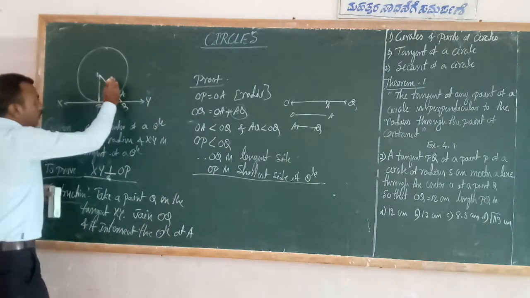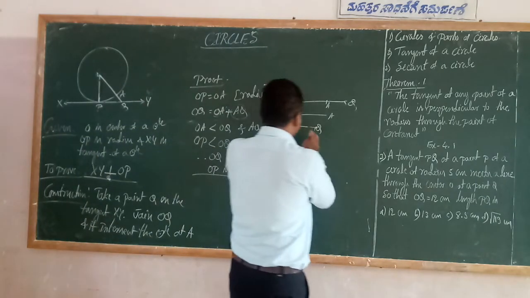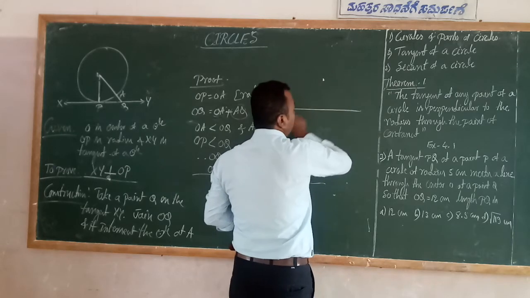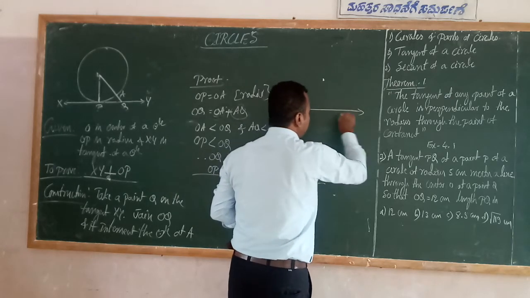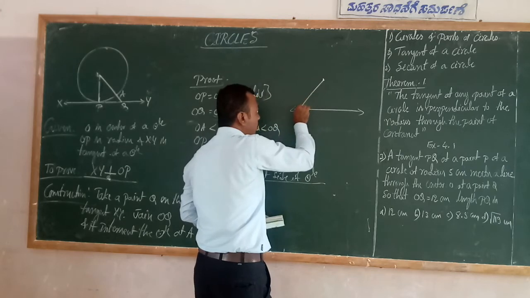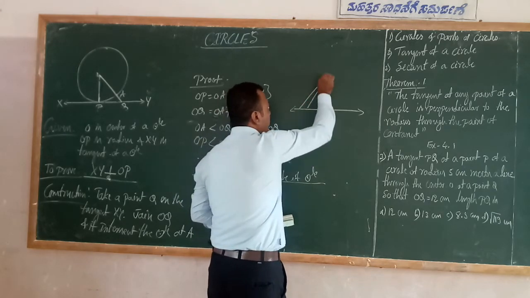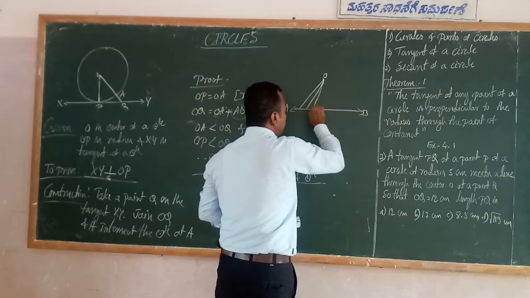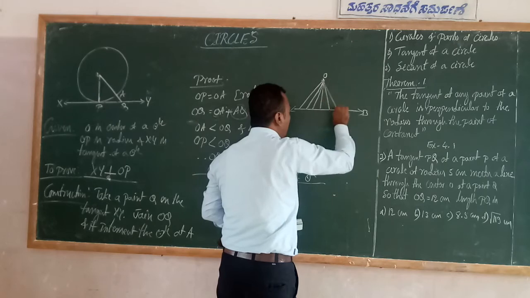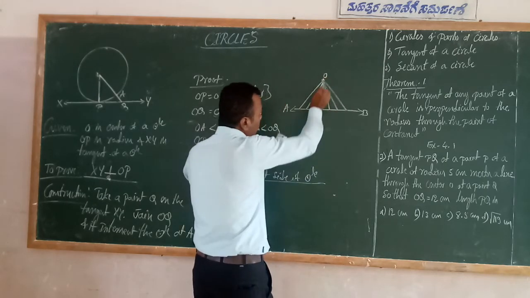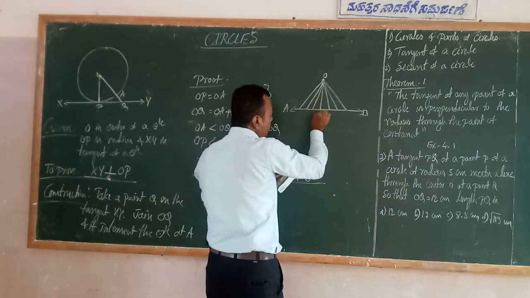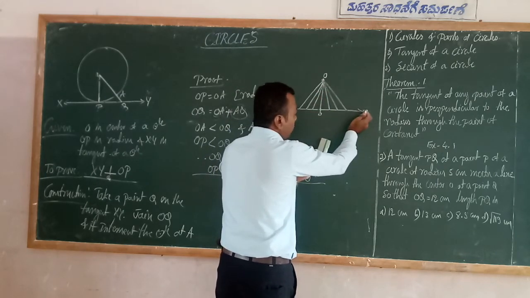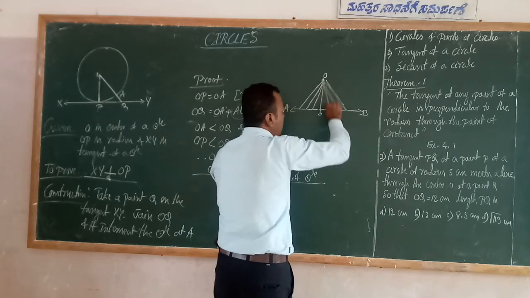Therefore, see, I will show now. This is one line segment, and this is a point above the line segment. When I draw lines from the point O to the line AB, when you go to the left of O or the right of O, the line is always greater.